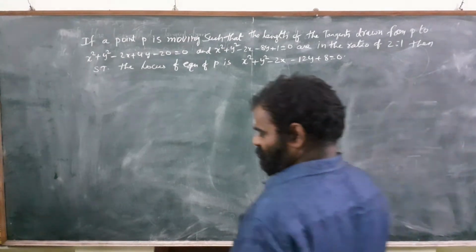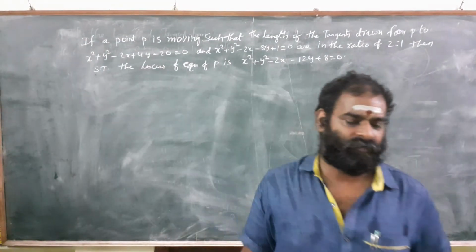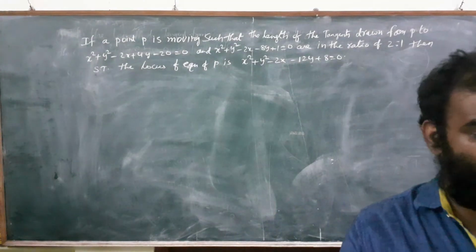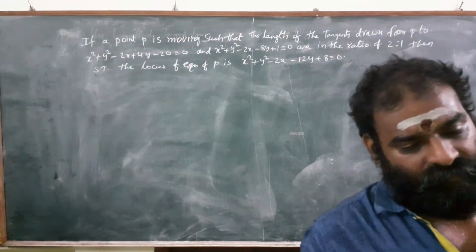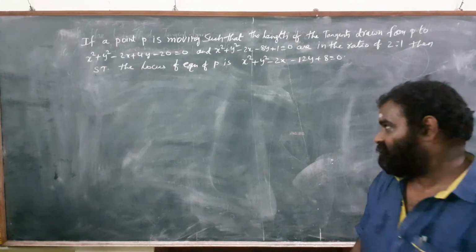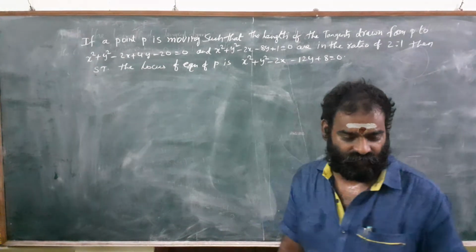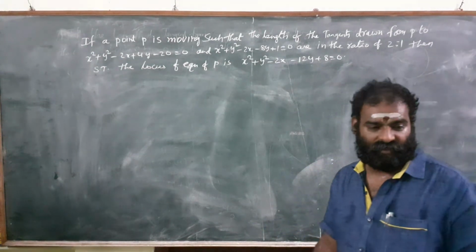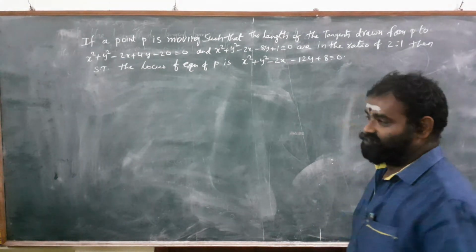Okay. So next important problem. This problem is also asked in your public examinations so many times for 4 marks. It is a 4 marks problem, a very simple and easy problem you have to observe. So what is the question here?